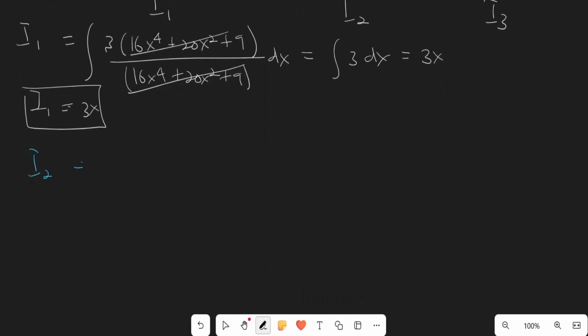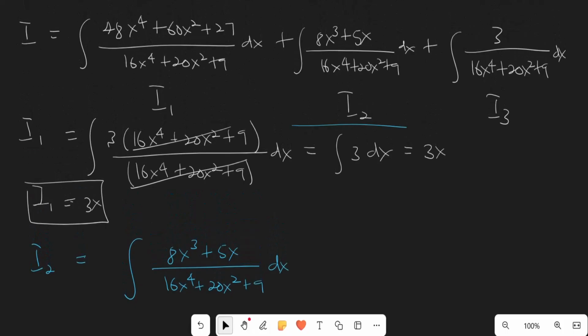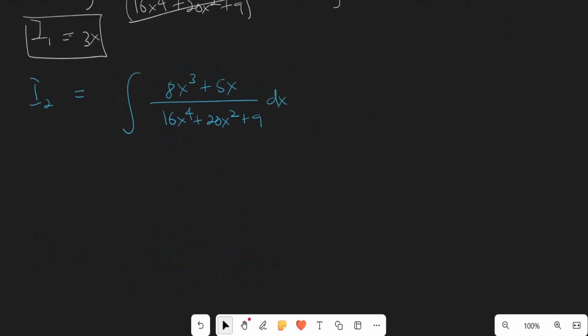Let's tackle I2. I2 is the integral of 8x to the 3rd power plus 5x divided by 16x to the 4th power plus 20x squared plus 9 dx. That is the second integral here. With this one, what I'm going to do is multiply the numerator by 8 and divide the integral by 8.